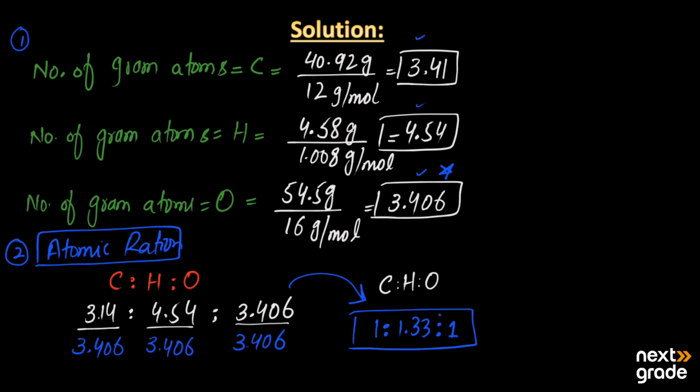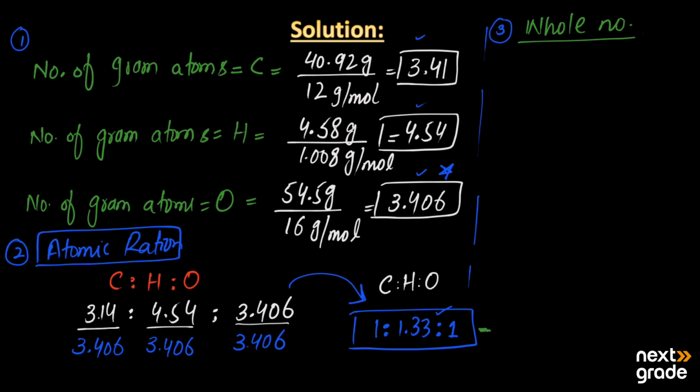Now as this is in fraction form and not in simple digits, we have to convert it into whole numbers. So the third step is to convert it into the whole number. How can we find the whole number ratio of the atoms? For this we have to multiply by a suitable number.